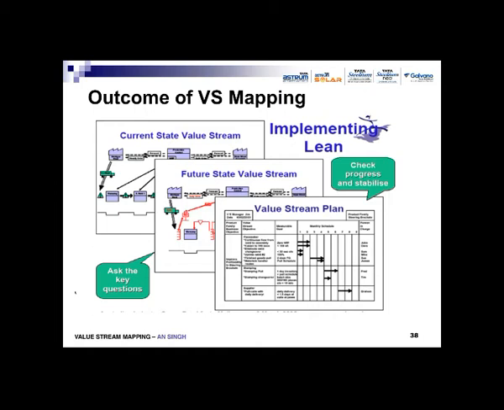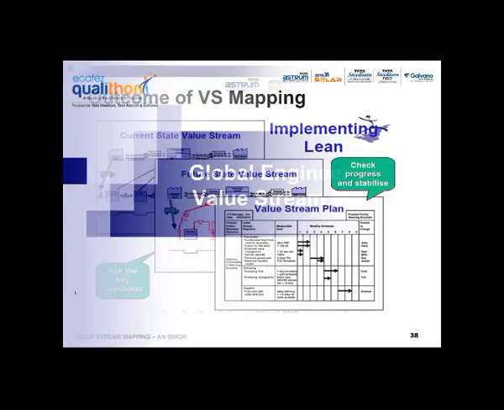That is called the future state value stream map. To attain the future state, we have to take several problem solving projects to eliminate the problems and the waste. So a plan is made. These are the three outcomes of the value stream map.